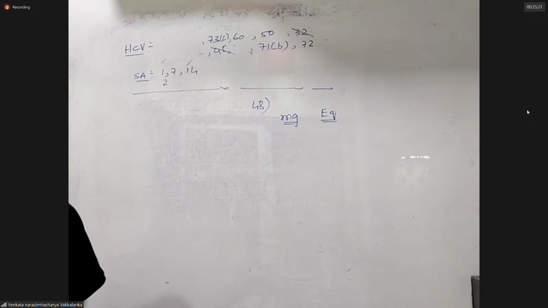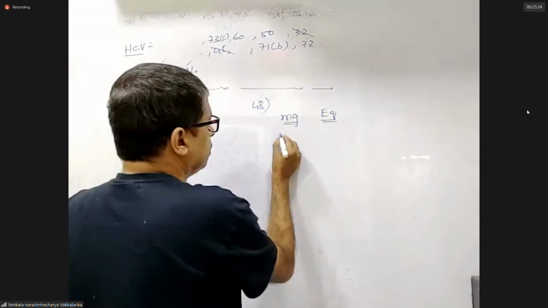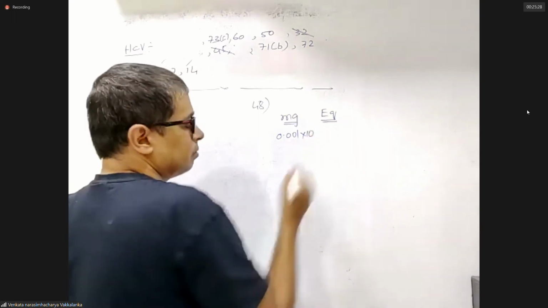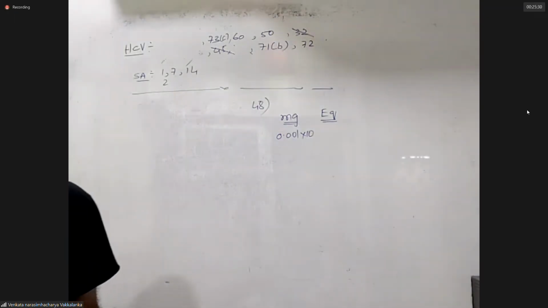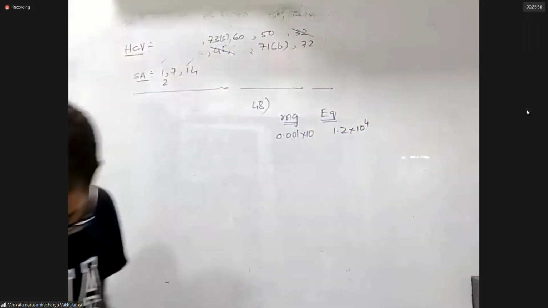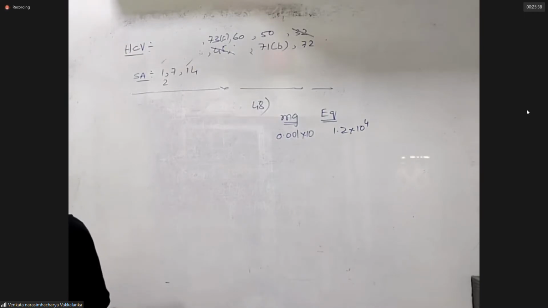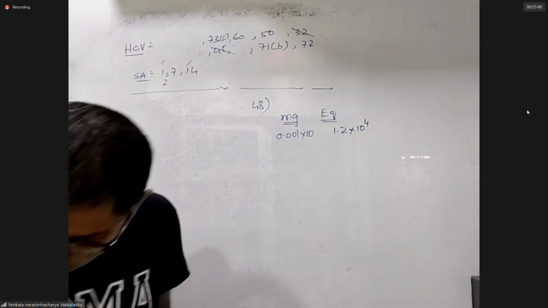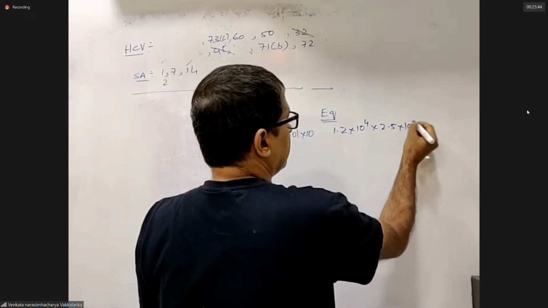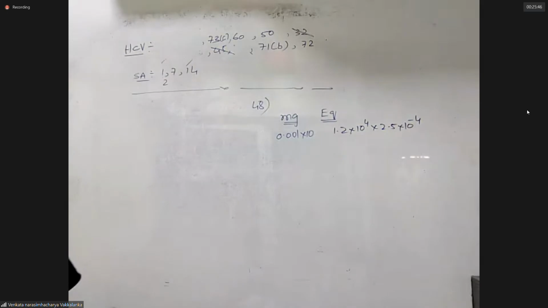m is 1 gram, 0.001 kg, into 10. The field is 1.2 into 10 raised to 4, into q, 2.5 into 10 raised to minus 4. Am I right?